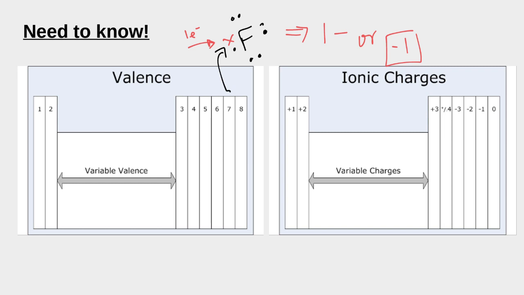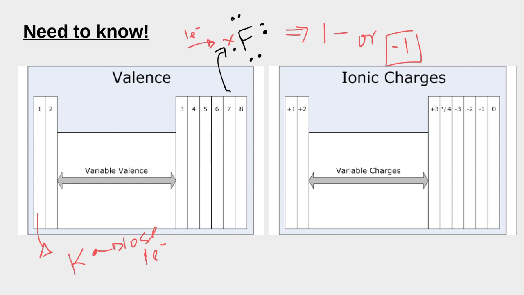If we look at an element from group 1, so for example, if we looked at potassium, who had 1 valence electron and wants a stable outer energy level, it doesn't make sense for potassium to gain 7 electrons to become stable. It makes sense for him to lose 1 electron and become stable by going down to the previous energy level.